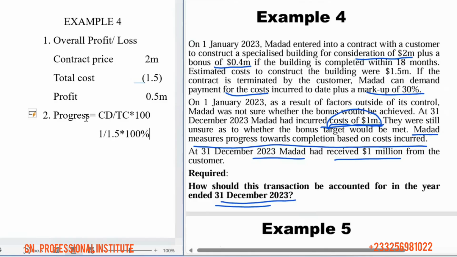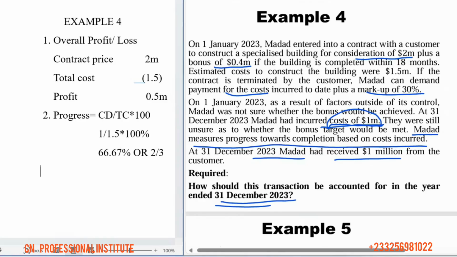And that will give us 66.67%. Okay, 66.7%, or we can just make it 2 over 3, to get a fraction, or 2 divided by 3, or 2 out of 3. So that's our progress.